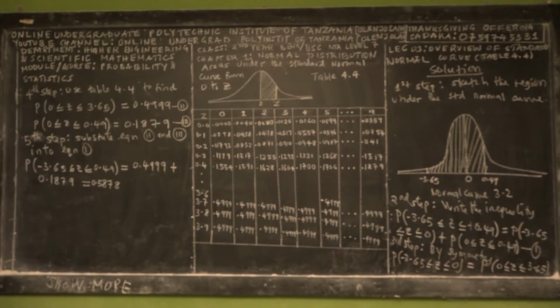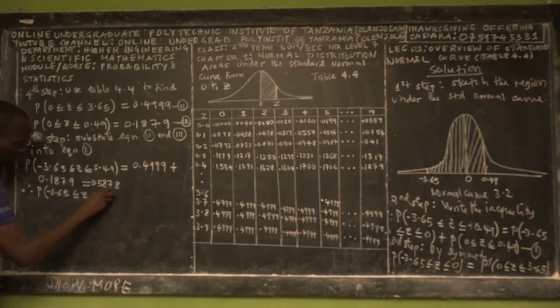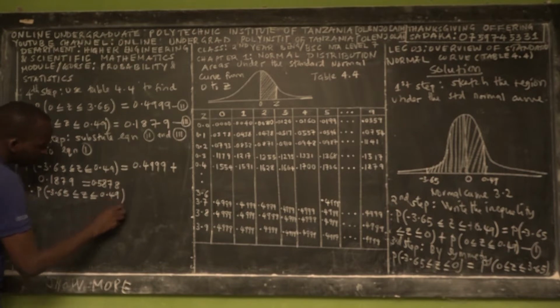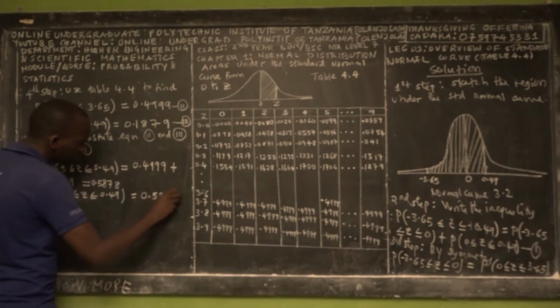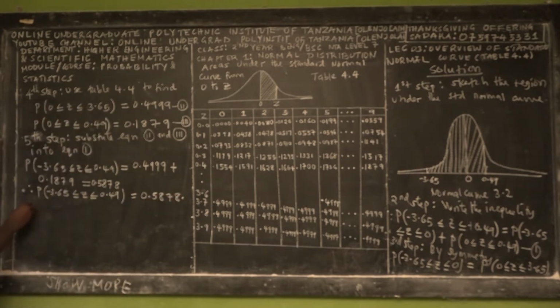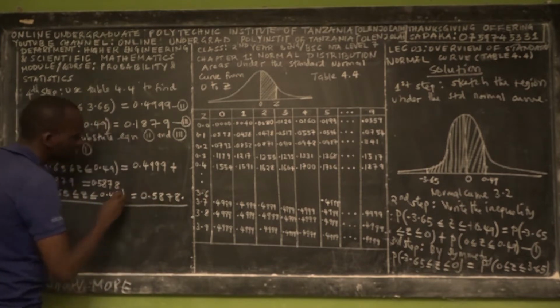Therefore, the probability of negative 3.65 less than or equal to Z less than or equal to 0.49 is equal to 0.5878. So that's what we have asked you to find.